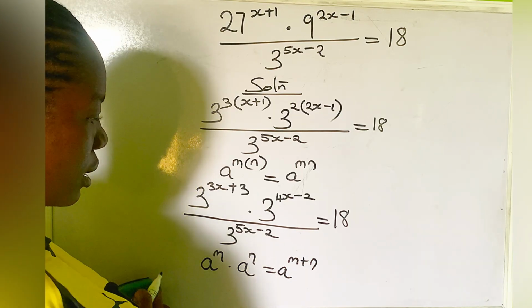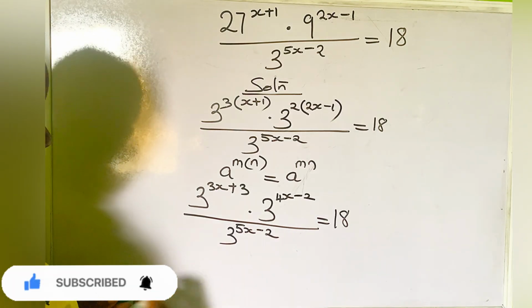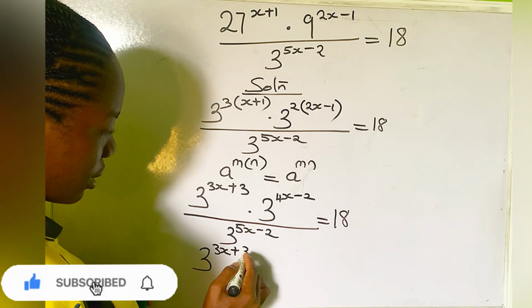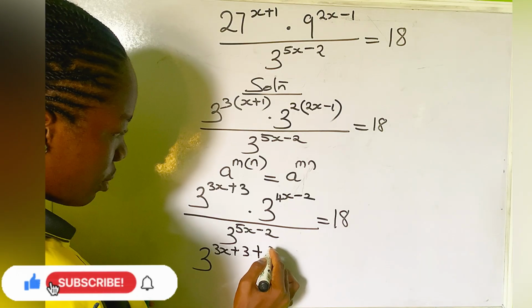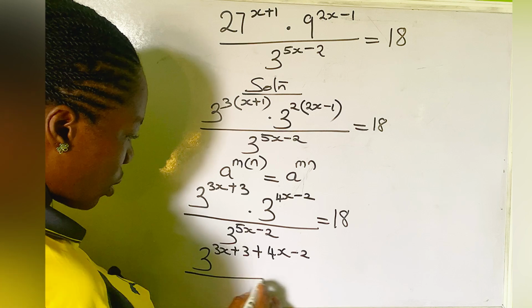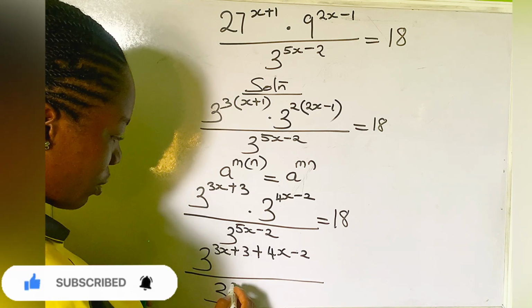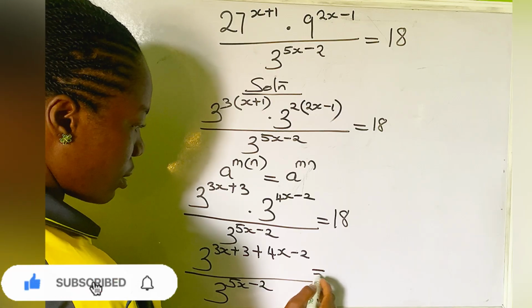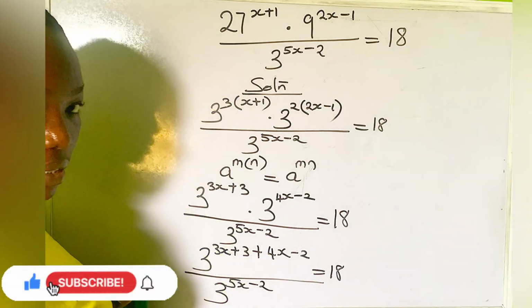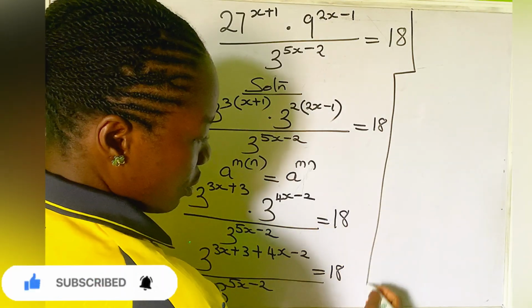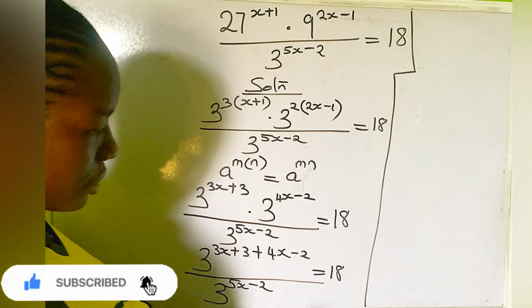So here now is 3 to the power of 3x plus 3 plus 4x minus 2, all over 3 to the power of 5x minus 2, is equal to 18, right? Let's continue. Just trying to maximize our space.